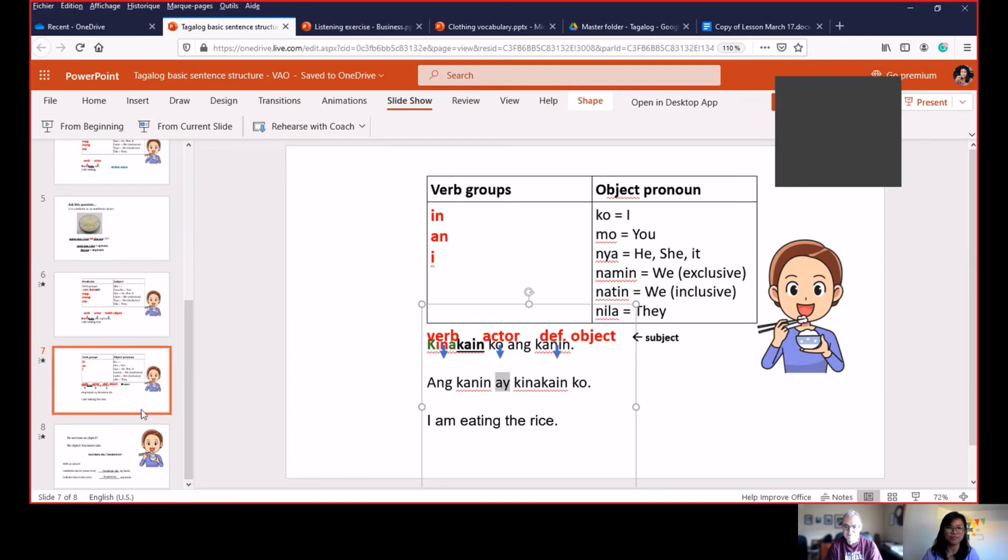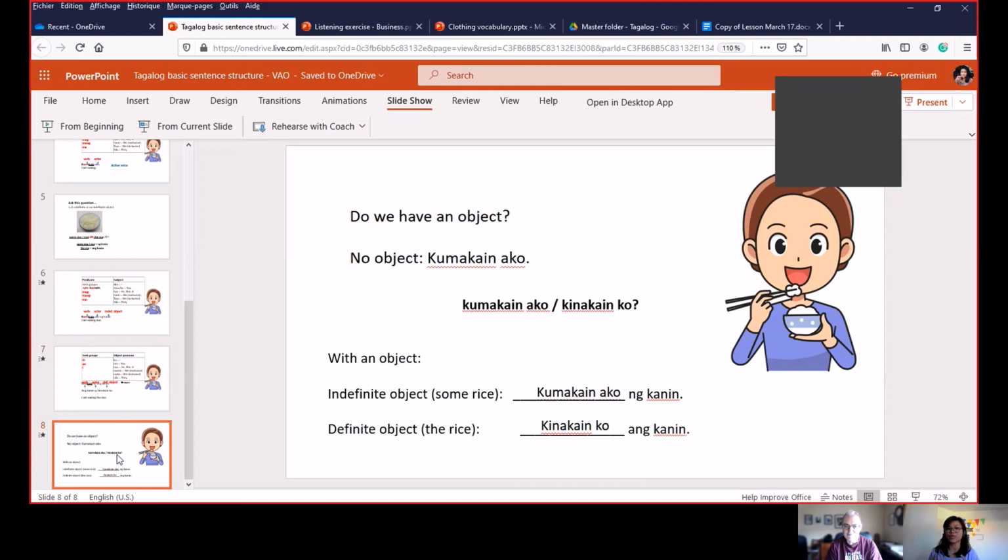To summarize, first we need to ask, do we have an object? If there are no objects, then you can simply say kumakain ako. With an object, we have to ask, is it definite or indefinite? With an indefinite object, kumakain ako ng kanin.